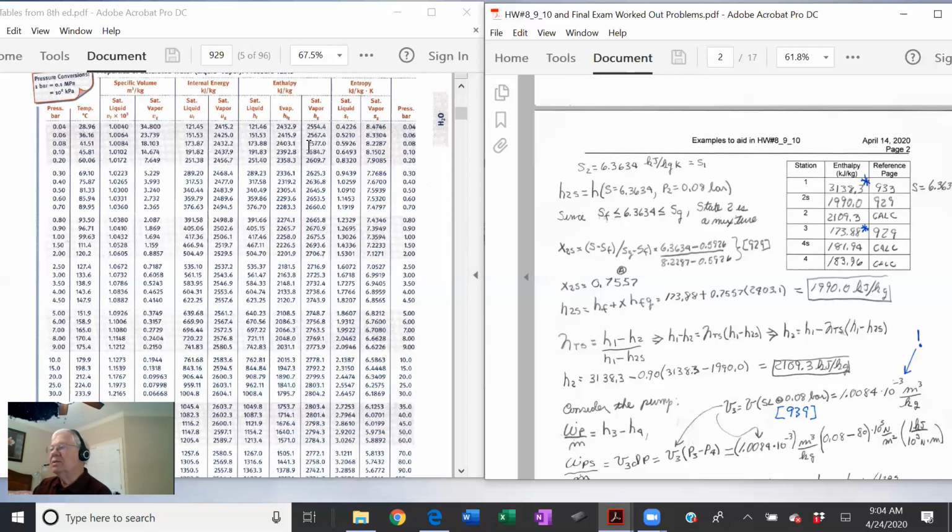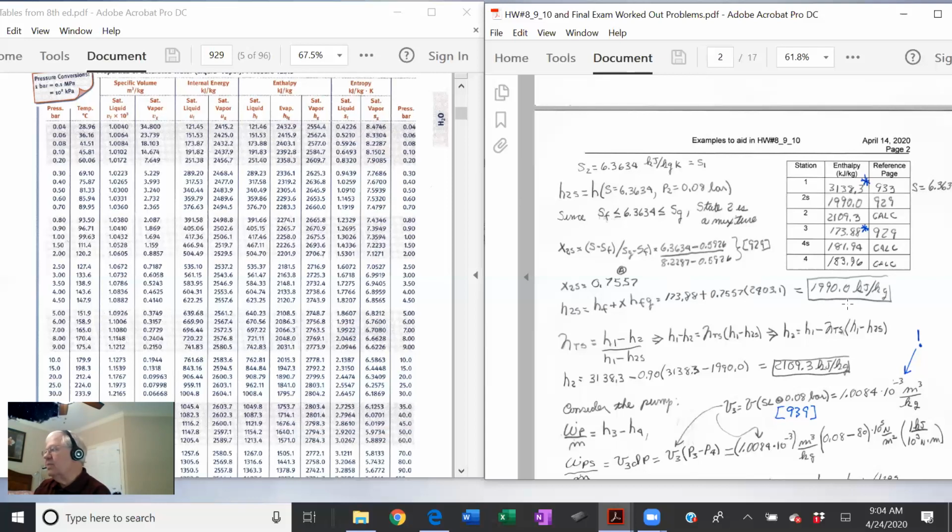And I could put right here HG minus HF, but since I have HFG already calculated, why not use it? So it's 2431. So then I go through this little simple calculation and I get 1990.0 is H2S.